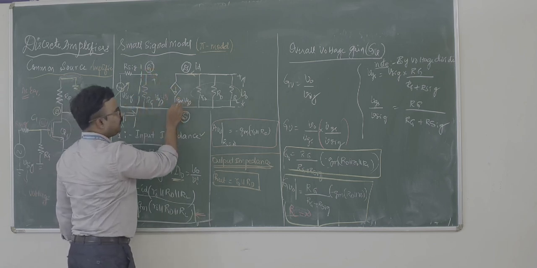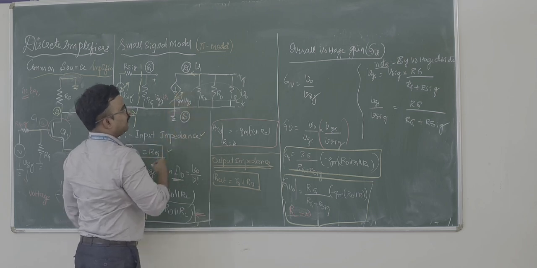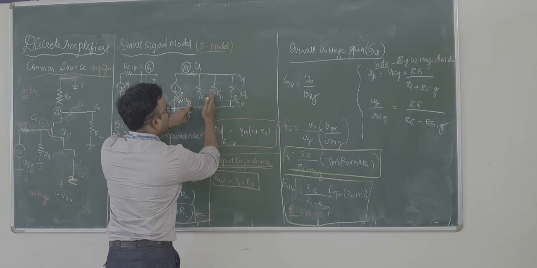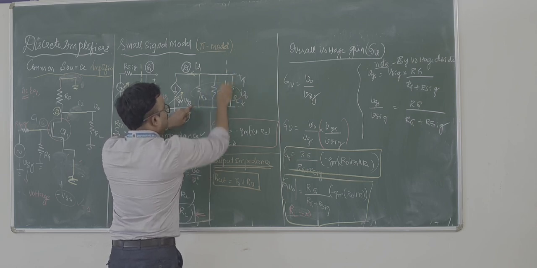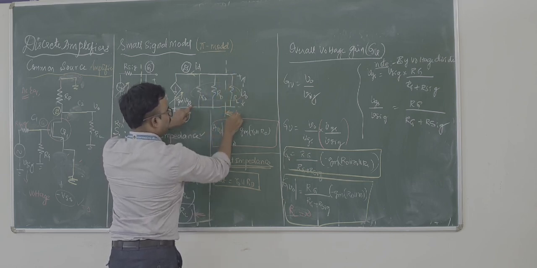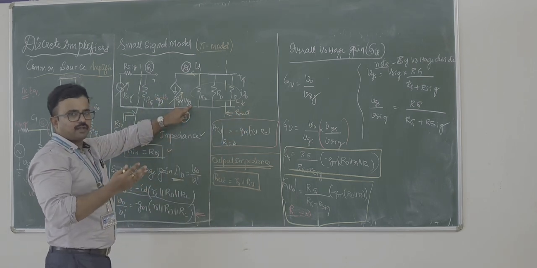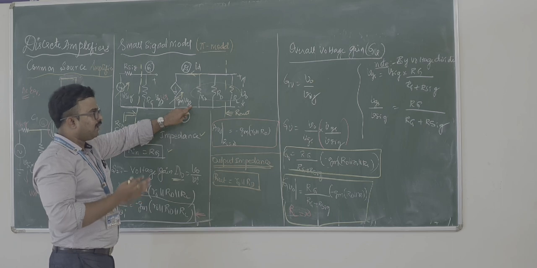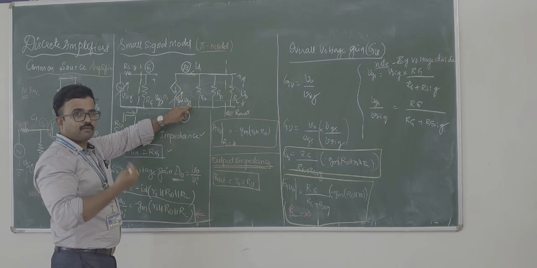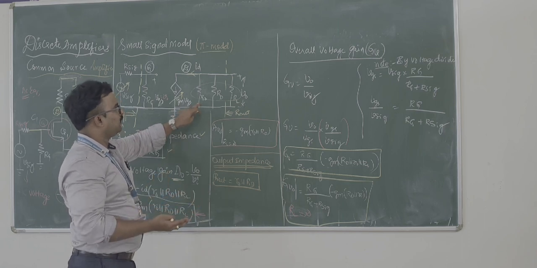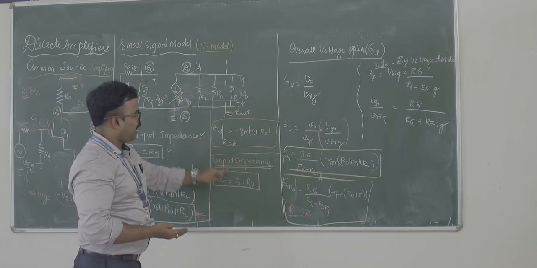When VGS is equal to 0, gm VGS will be 0. So I end up having three resistances, r0, RD and RL. Excluding RL, whatever value you get, this is the output impedance. Including RL you can also find the overall output impedance, but we are only intended to find the output impedance excluding RL. Therefore it is r0 parallel RD.